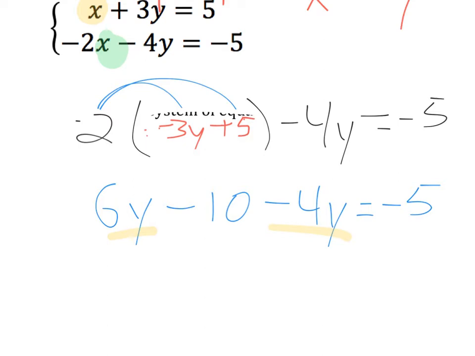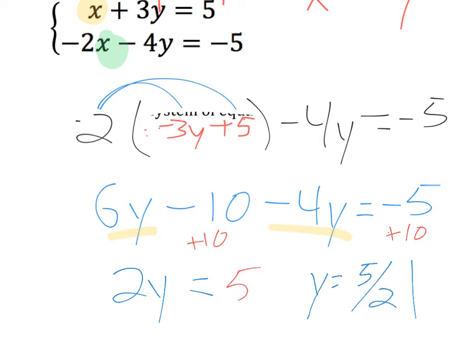Combine those, we would get 2y. And then if I move the 10 to the other side, that'll give me a positive 5 over there. So y equals 5 halves, or if you're glued to a calculator, that'd be 2.5.